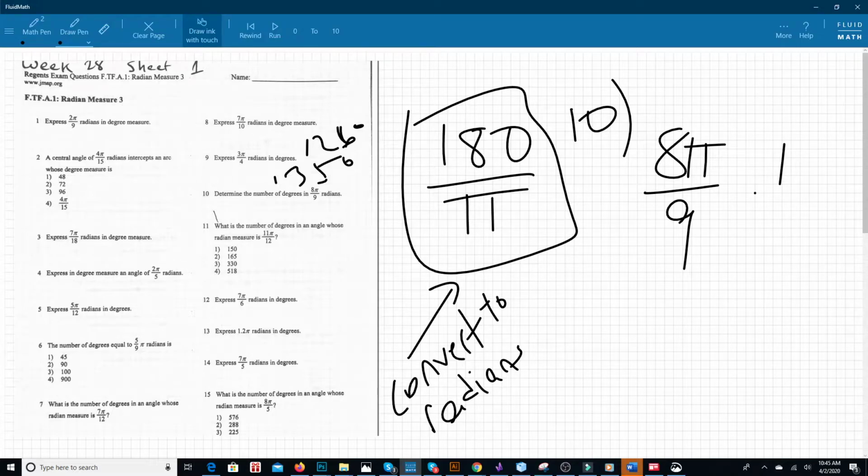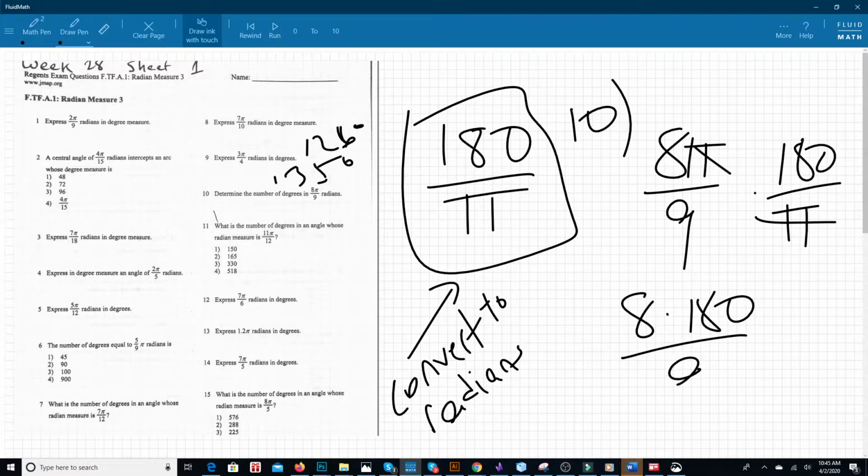So this is times 180, right, over pi, and cross out your pi's. You get 8 times 180 divided by 9. So 8 times 180 is what again? 1440, and you divide that through by 9. Get 160, good. Very good, Jeff.